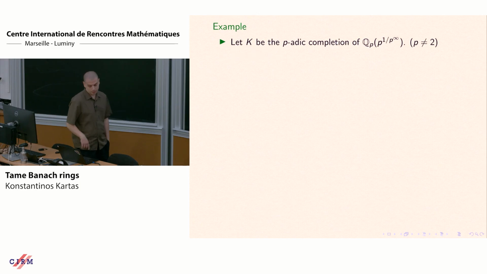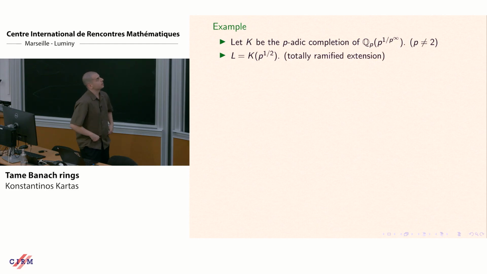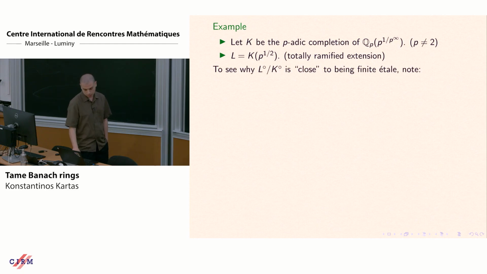Let's say that p is not 2, and let's adjoin a square root of p. Classically we would say that this is a totally ramified quadratic extension. But I will argue that in some sense it's very close to being unramified, that this extension of valuation rings is very close to being finite étale.